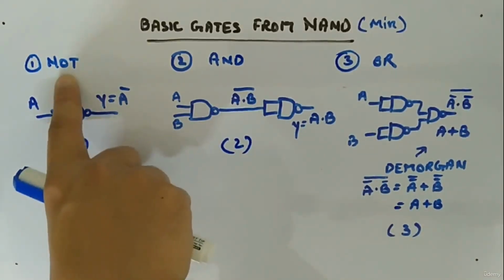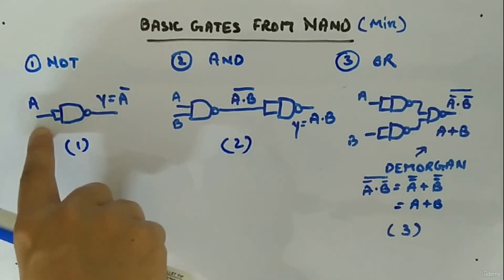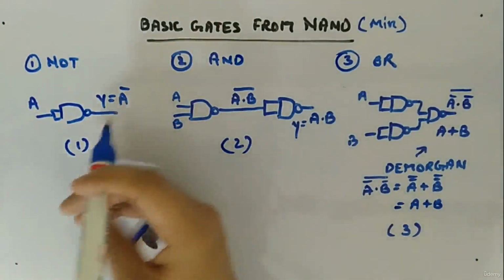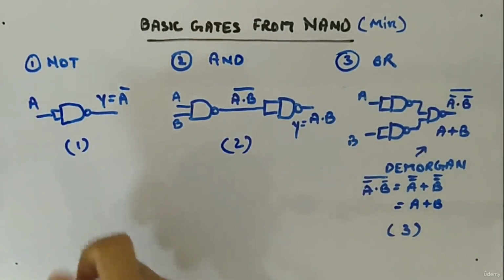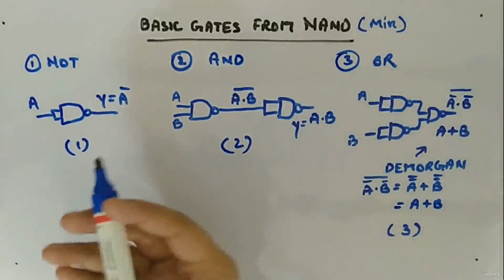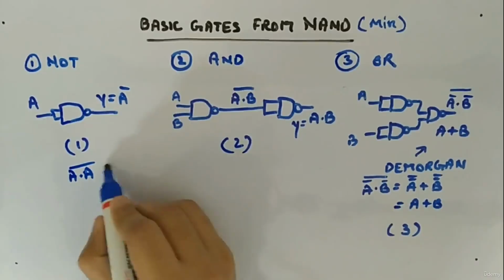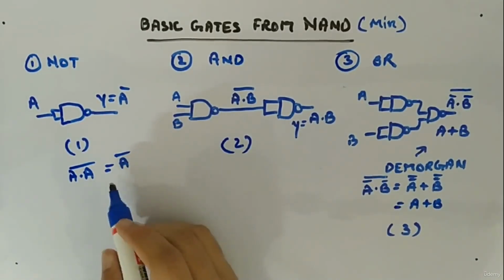So the first basic gate is the NOT gate. Just connect the two inputs together, so both terminals have the same input, and what you get is a NOT gate. This is basically a dot a bar. a dot a is equal to a only, so the output is a bar.